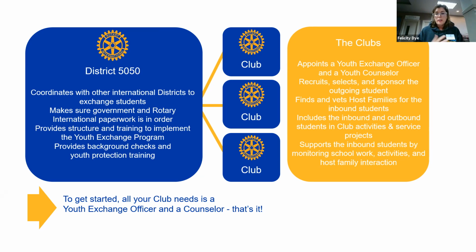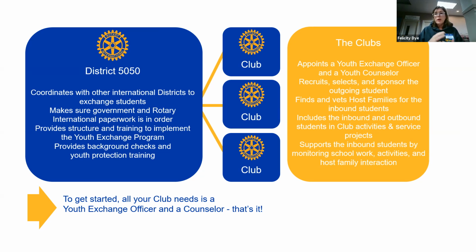What the district does in terms of roles and responsibility is we make the connections with other districts around the world. So if your student wants to go to France, then we make a connection with a district in France, and we actually sign a contract. There's a contract that we sign with all of our exchange partners.